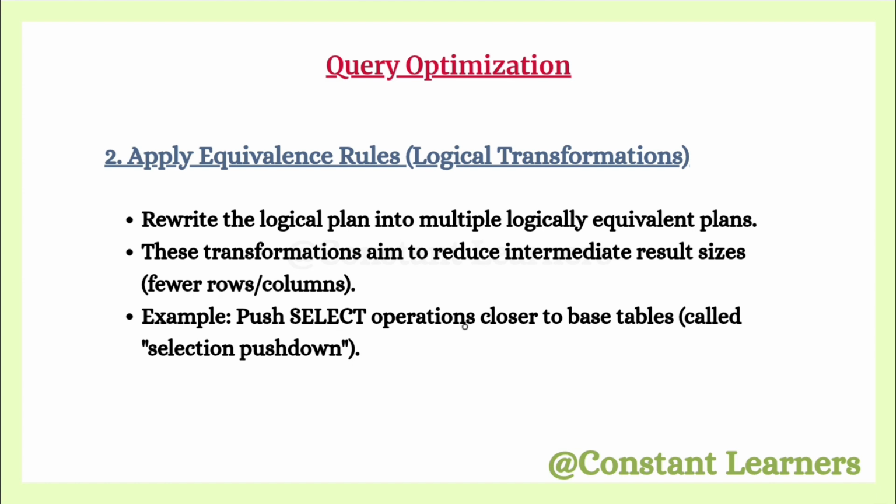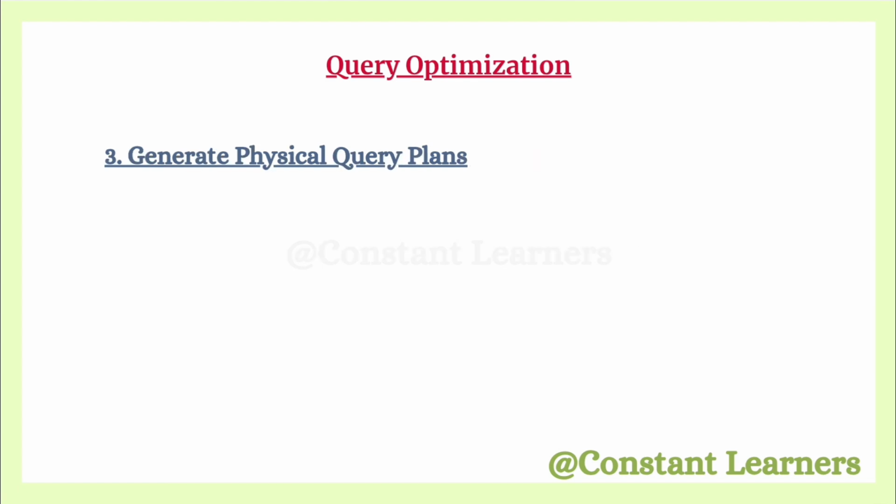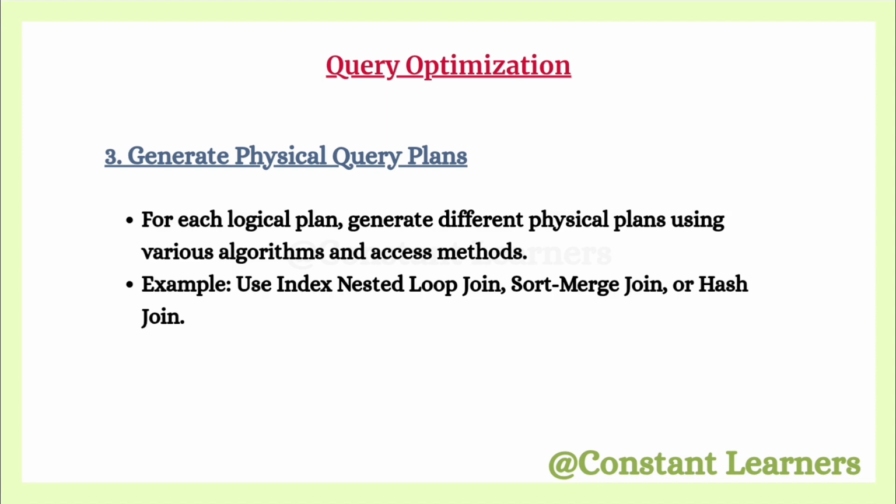Example, push select operations closer to base tables, called selection pushdown. Next, generate physical query plans. For each logical plan, generate different physical plans using various algorithms and access methods. Example, use index nested loop join, sort merge join, or hash join. These we are going to discuss in further videos.